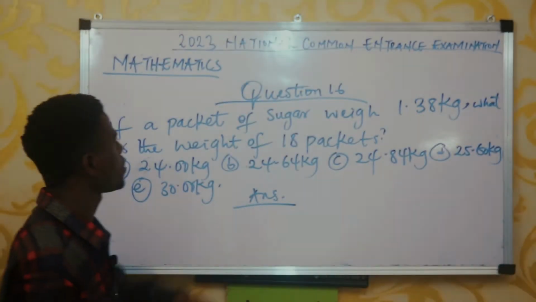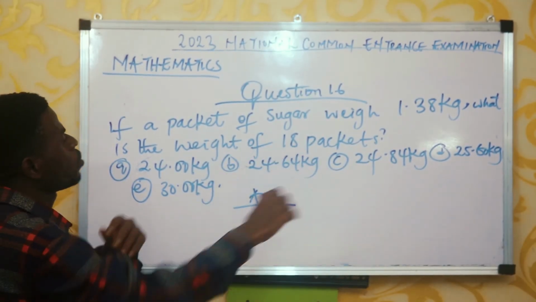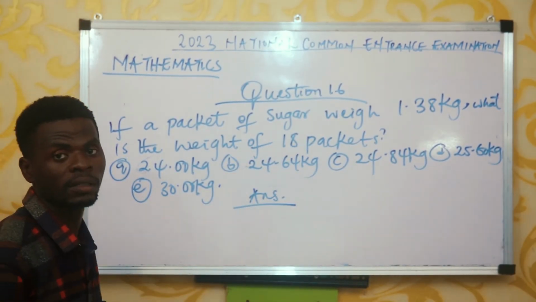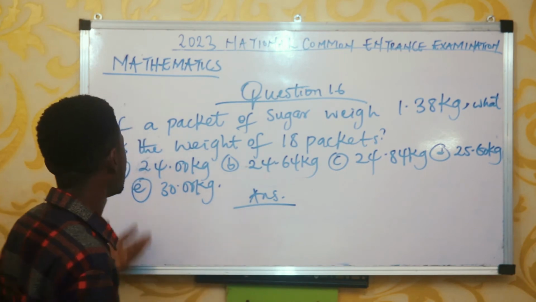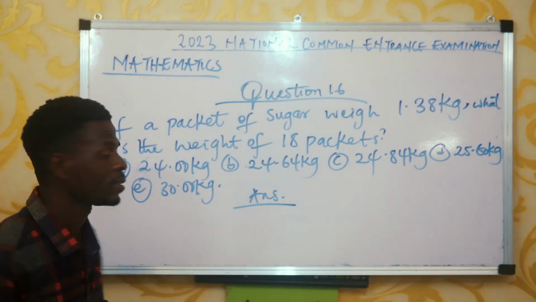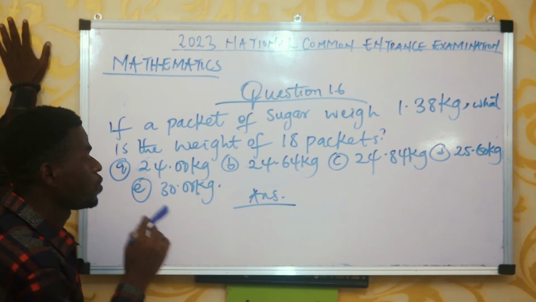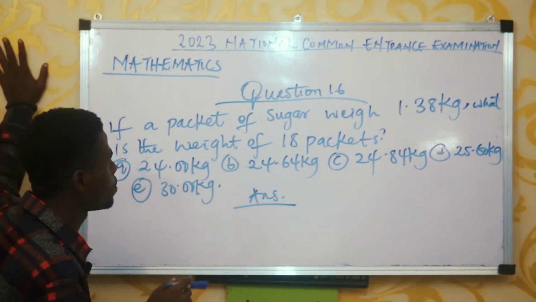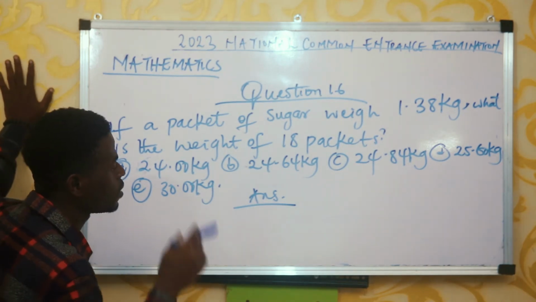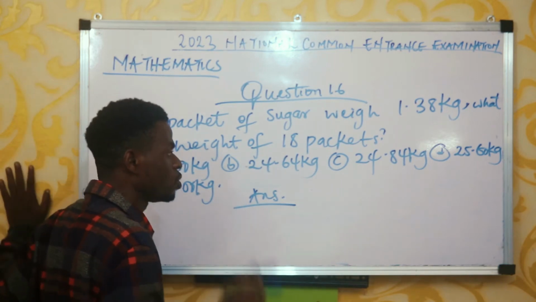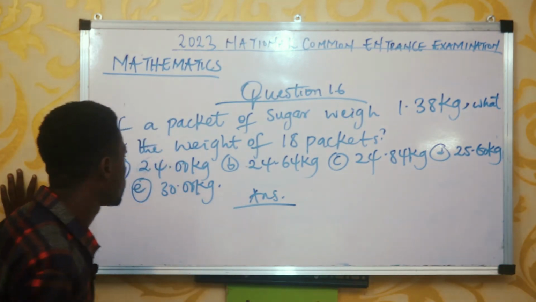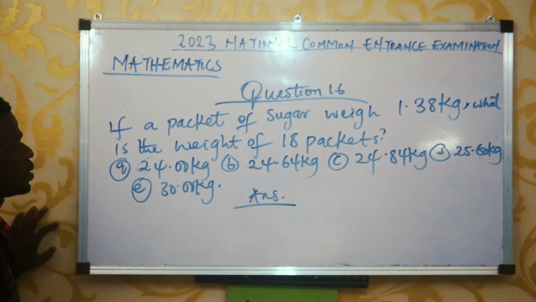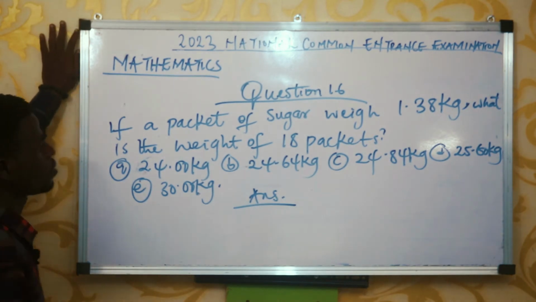Question 16 says if a packet of sugar weighs 1.38 kilogram, what is the weight of 18 packets? We have A 24.0 kilogram, B 24.64 kilogram, C 24.84 kilogram, D 25.60 kilogram, then E 30.30 kilogram.